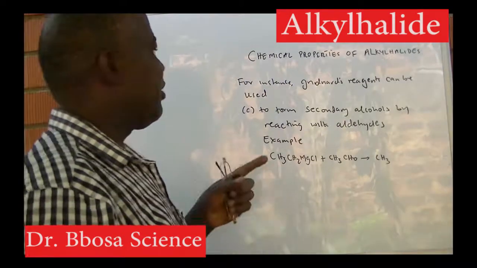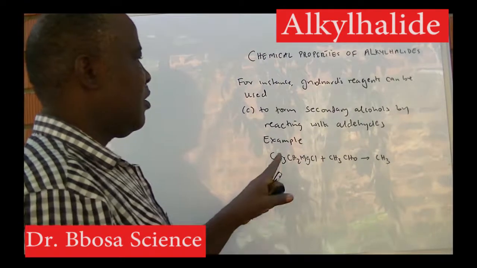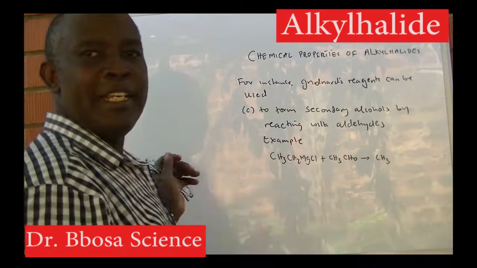Grignard's reagents can be used to form secondary alcohols by reacting with aldehydes.